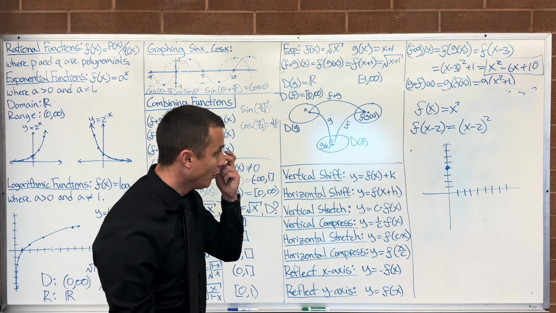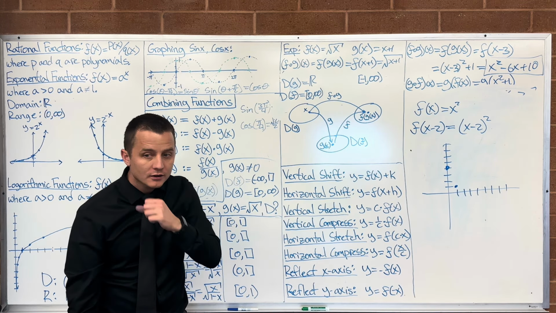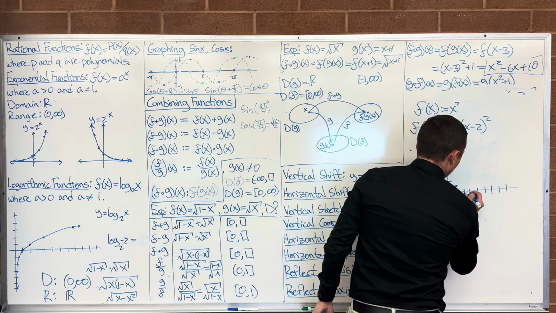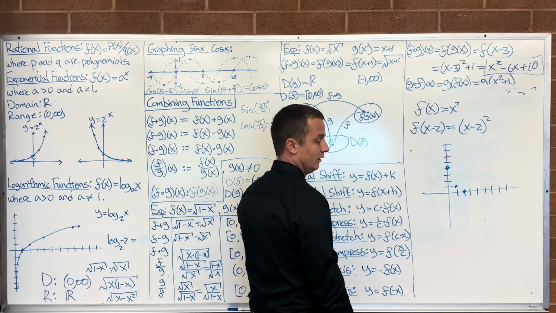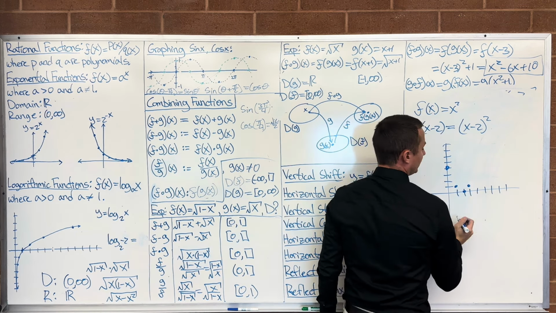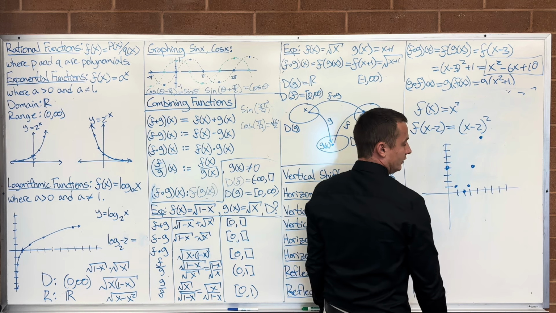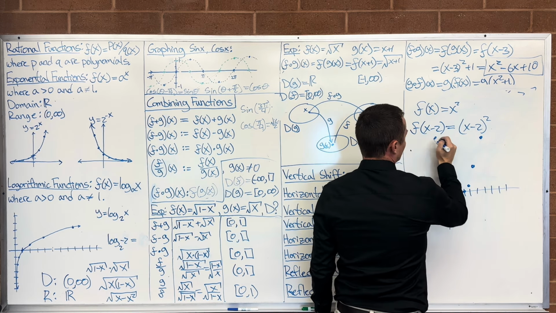Now plug in 1. 1 minus 2 is negative 1, squared is 1. Now plug in 2. It's 0. Now plug in 3. 1 squared is 1. Now plug in 4. You get 2 squared is 4. Now plug in negative 1. Same thing you would have got if you plugged in 3, and they're both 9.